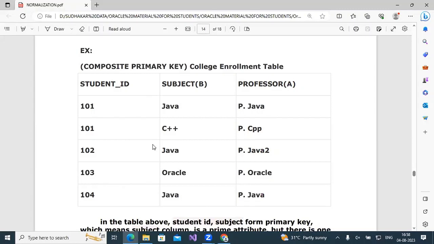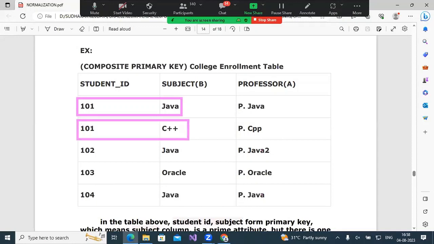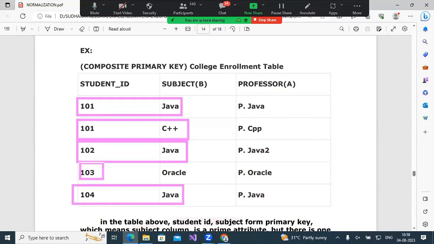Composite primary key means the combination of both. Primary key means there are no duplicates. Carefully observe, don't get confused: 101 Java combination, 101 C++ combination, 102 Java, 104 Java, 103 Oracle.